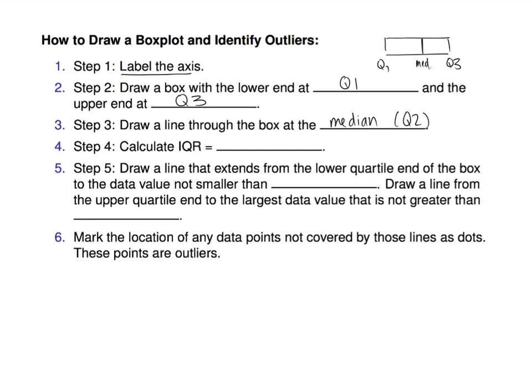Calculate what I'm calling the IQR. What do you think that abbreviation stands for? Interquartile range. So that's going to be Q3 minus Q1. Okay. And we are going to, in this case, identify outliers, and the lines of our box are not going to go all the way to the outliers. And here's our criteria for outliers. So you take 1.5 times the interquartile range.